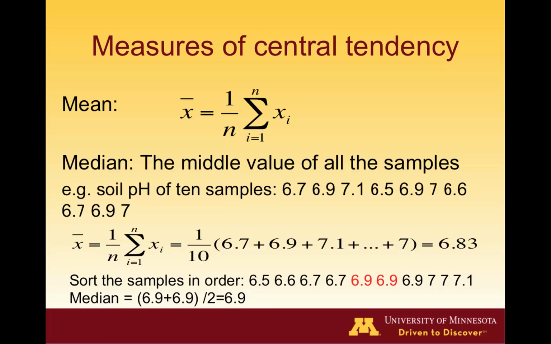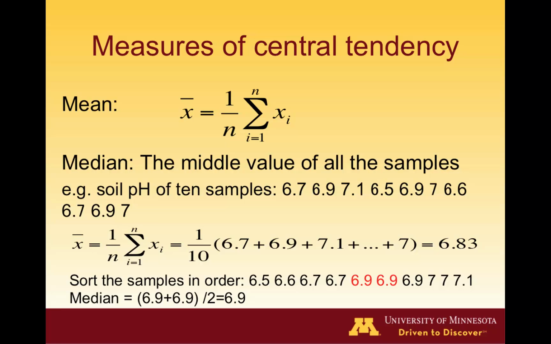So mean is just simply the average of the soil pH values, which gives you 6.83. Is it easy enough to understand? I think so. So when you try to find the median, you sort the samples in order from smallest to biggest.